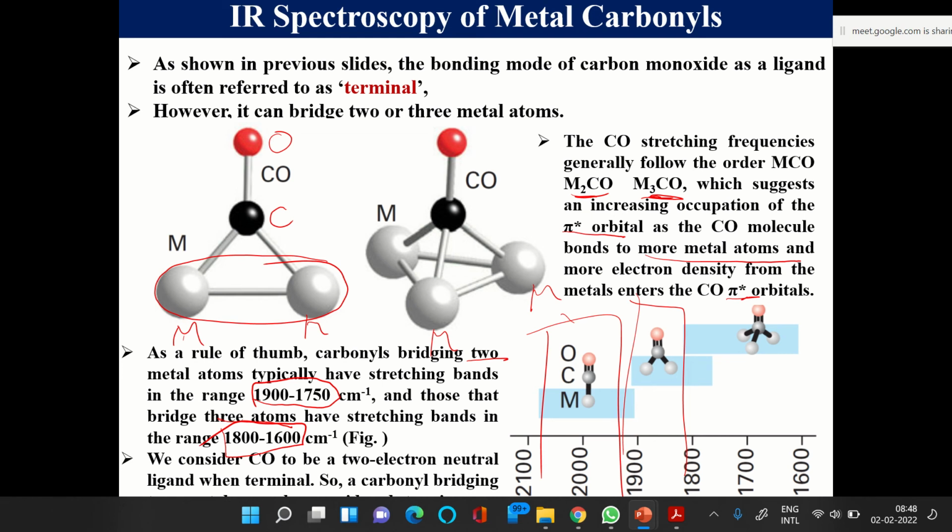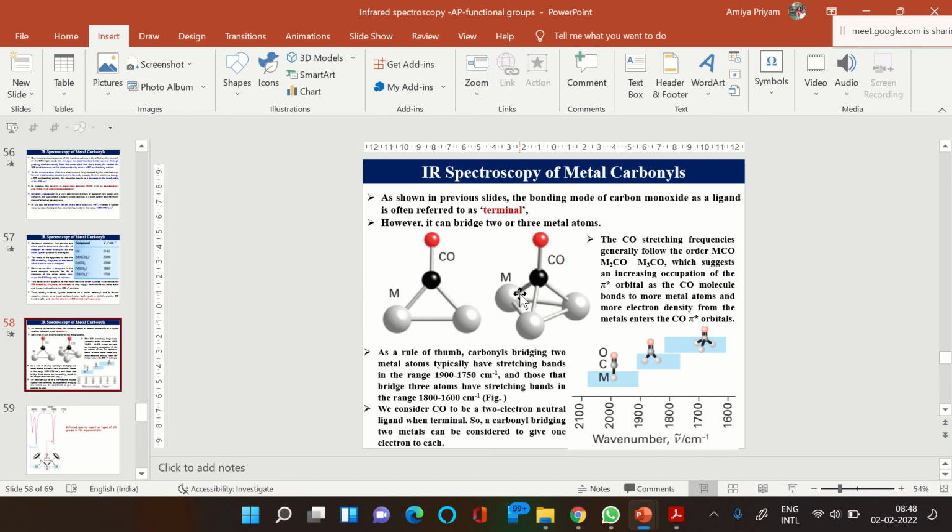So that will be shared, so now it will be acting as a 1 electron donor for each of the metal atoms. ठीक है, सो ये सब चीज़ें हैं जो आप ध्यान दे सकते हैं। और इसी तरह से जब आप 3 पे जाएंगे तो और कम हो जाएगा नंबर ऑफ इलेक्ट्रॉन्स। CO is a 2 electron donor for one metal, so the same 2 electrons are now being shared with three metal atoms.